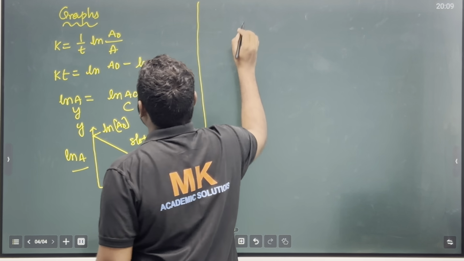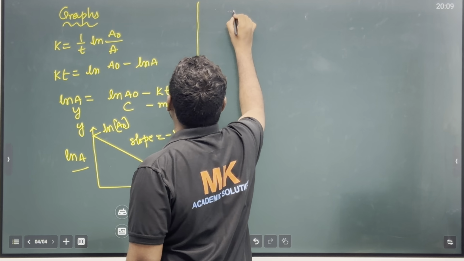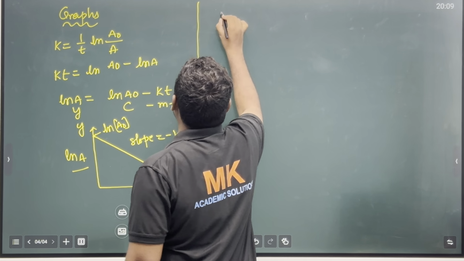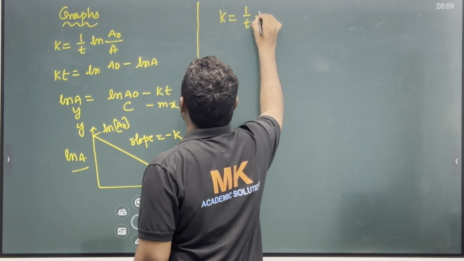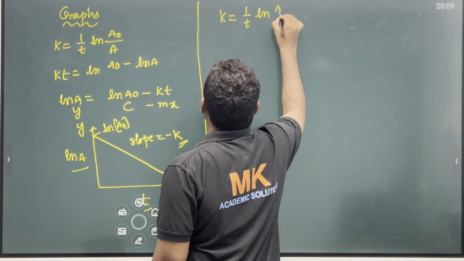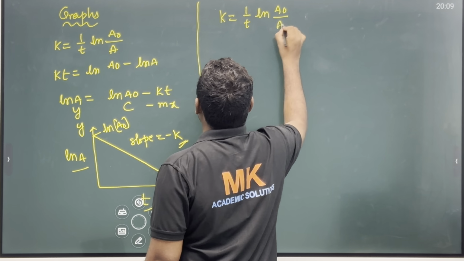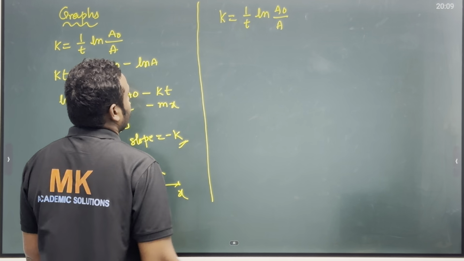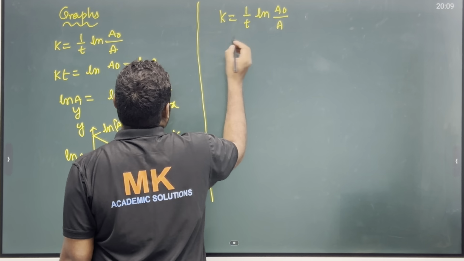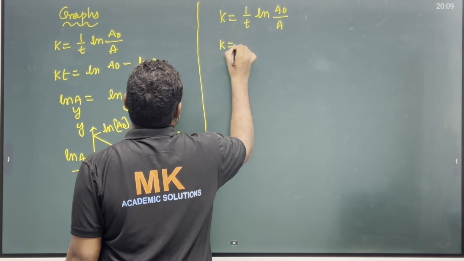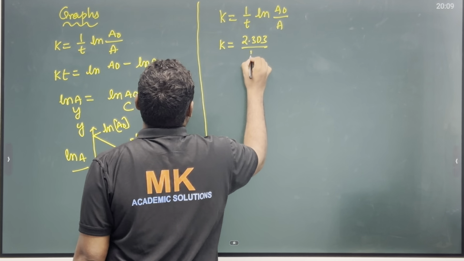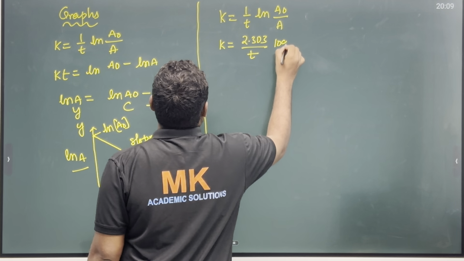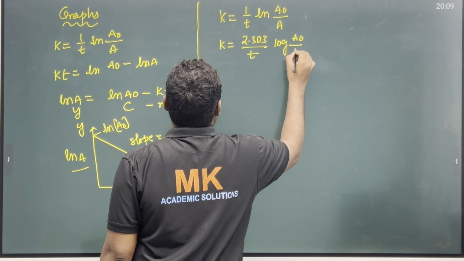Here k is equal to 1 by t ln A naught by A. Now in place of ln you write the log. If you want to write the log, we already know we need to multiply with 2.303, so 2.303 by t log A naught by A.